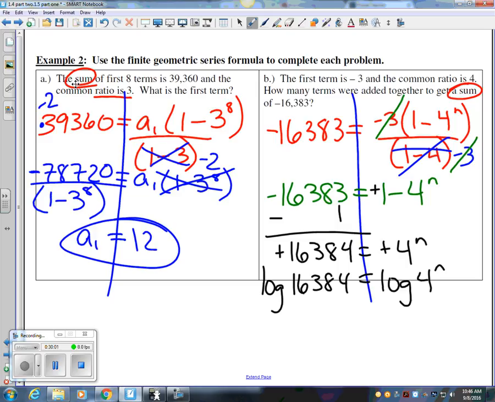Where can this n go? In front. So it drops down right there. And Jessica, what's beside of n? How do I get rid of log 4? Divide it. What do you got?